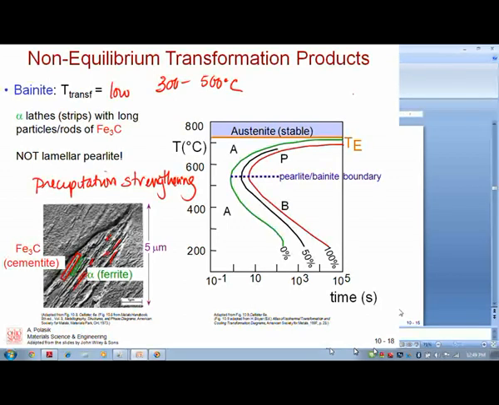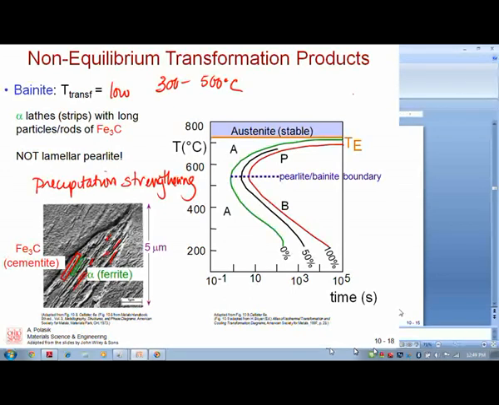But something changes when we reduce the temperature, the transformation temperature is so much lower, we don't have enough diffusion to allow that equilibrium eutectoid microconstituent. We can't have that symbiotic growth. Instead, small clusters of carbon-rich areas, cementite, are forming within the alpha grains or alpha laths.